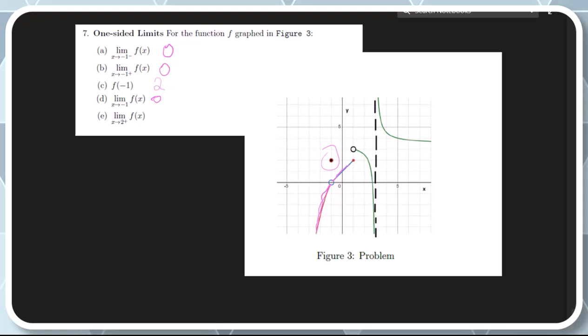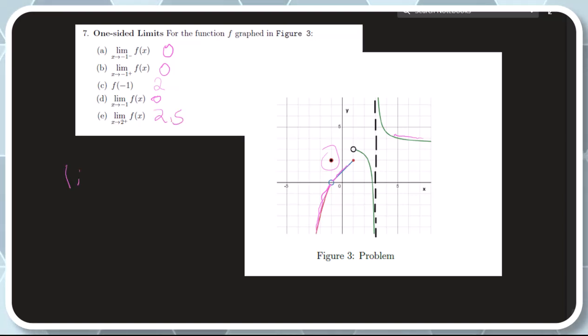And then as x approaches 2 from the right, I don't think I meant to say 2. I have no idea what it is. I probably meant to say 1. So I'll just do a couple things. As x approaches 2 from the right, it is approximately 2.5.